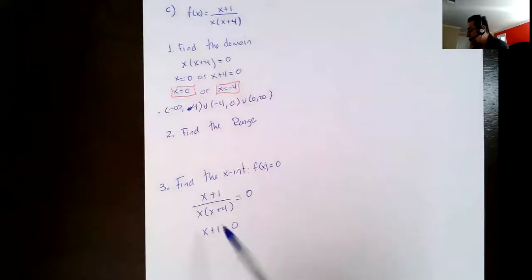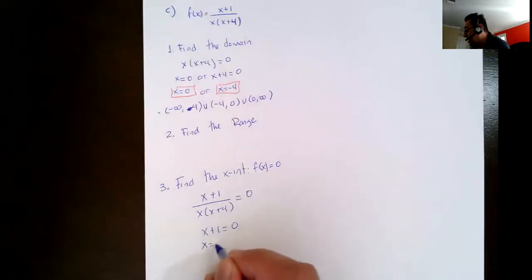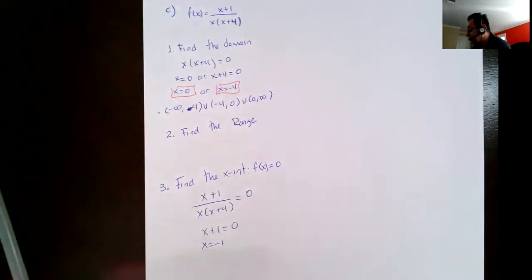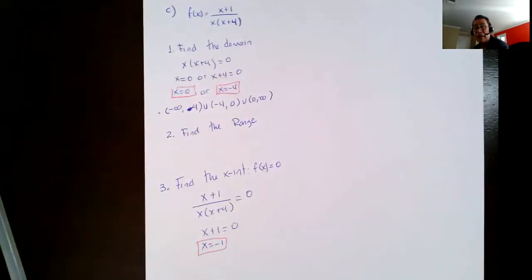Why? Because if you multiply each side by x times x plus 4, that factor goes away, and you're left with x plus 1 equals 0, the numerator equals 0 all the time. From here, you solve for x equals -1. So at x equals -1, we have an x-intercept. In other words, the graph is gonna cross at x equals -1. Ready? Okay, let's go with number 4.